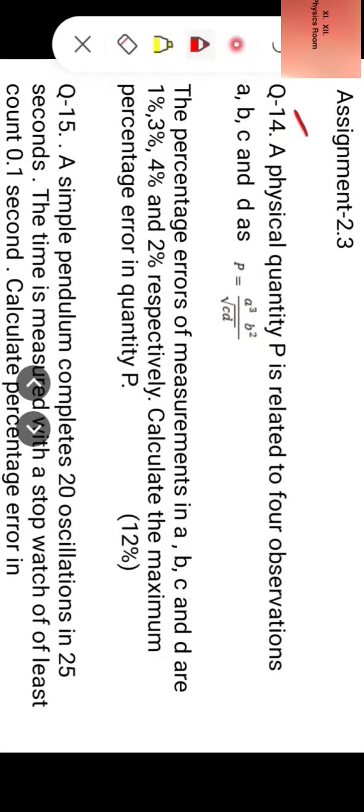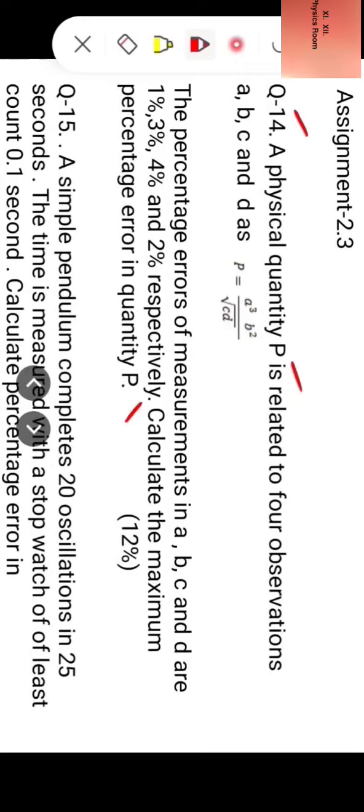Question number 14. A physical quantity P is related to four observations A, B, C and D as P equal to A cube B square divided by square root of C D. The percentage errors of measurements in A, B, C and D are 1%, 3%, 4% and 2% respectively.